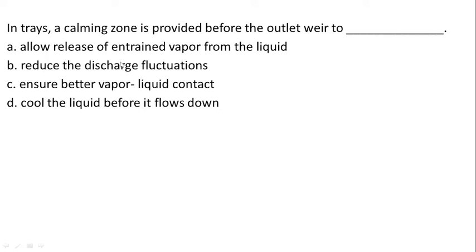That is the condition of weeping. Actually, we find the diameter of the column using the flooding condition. Previously, we have seen the flow parameter FLV and flooding velocity. This flooding velocity is used for finding the diameter of the column.